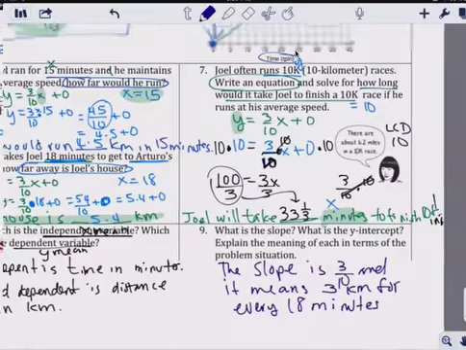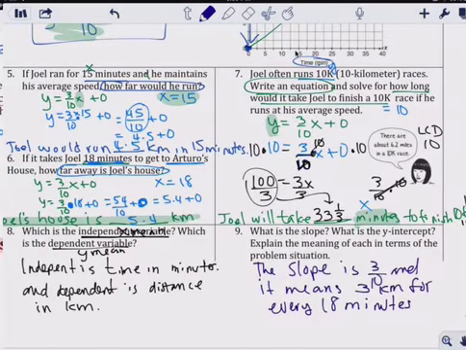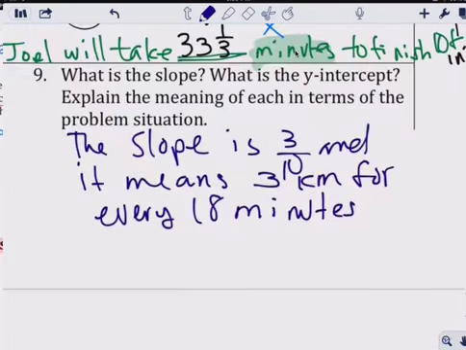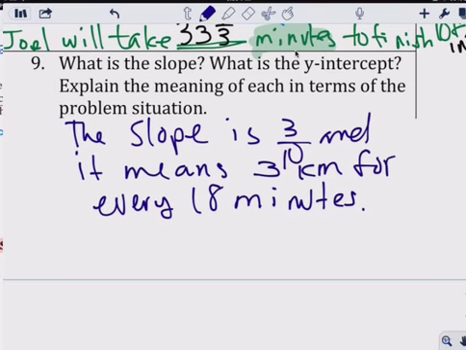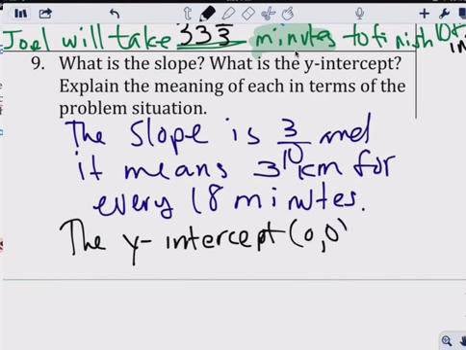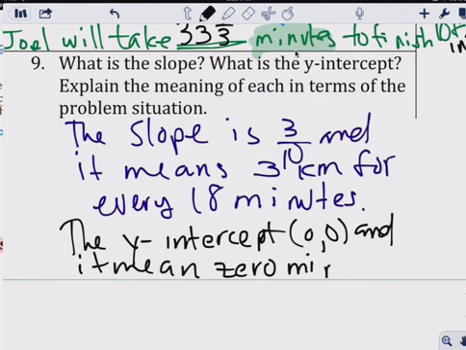And the y-intercept is at 0. That means 0 minutes, 0 kilometers. The y-intercept is 0, 0, and it means 0 minutes, 0 kilometers.